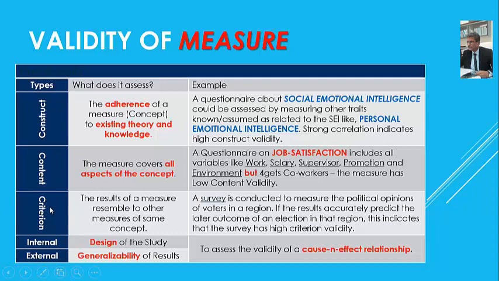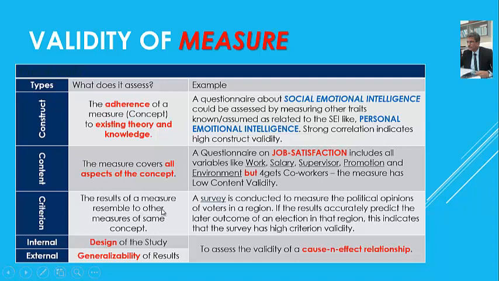Next is criterion validity. Criterion validity refers to whether the results of a measure resemble other measures of the same concept. Criterion validity simply refers to the practice that if two different tools or tests are used to measure the same thing, and the results are similar, then the measure has criterion validity.